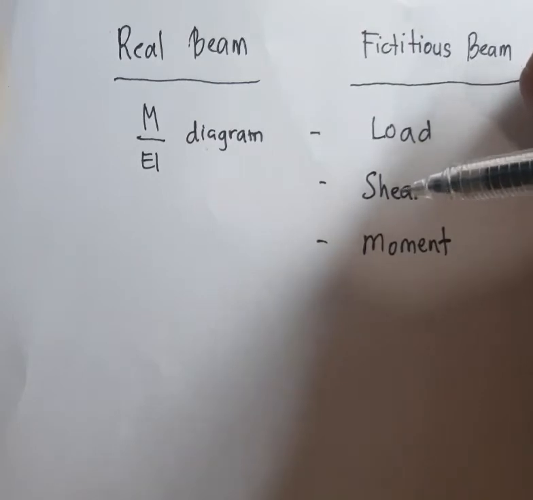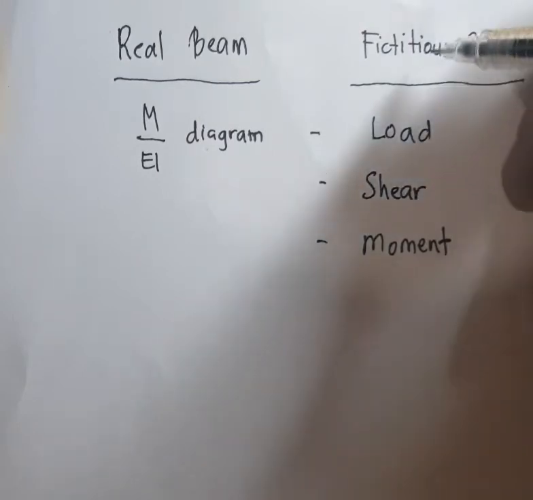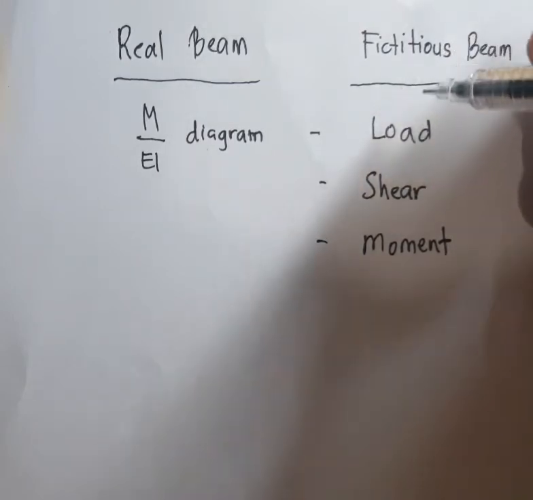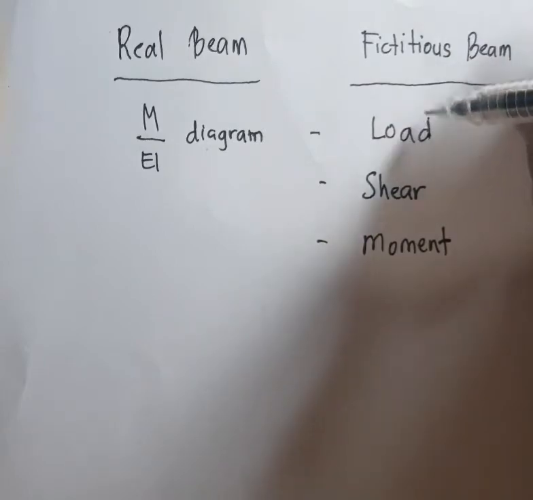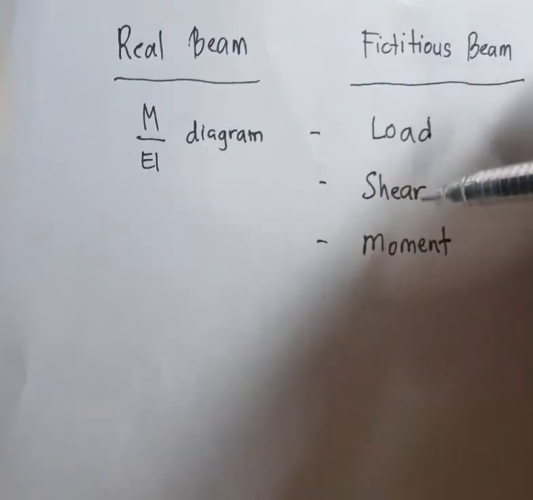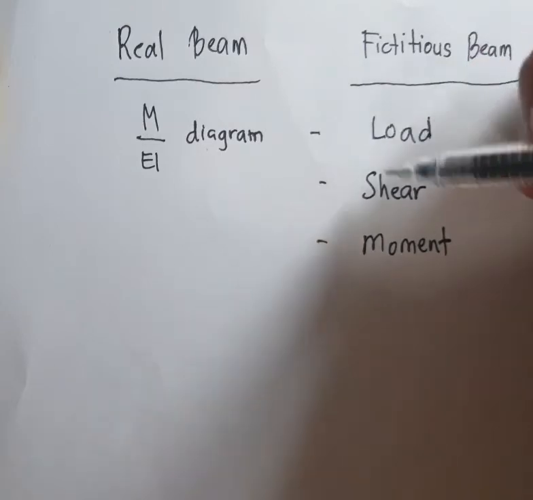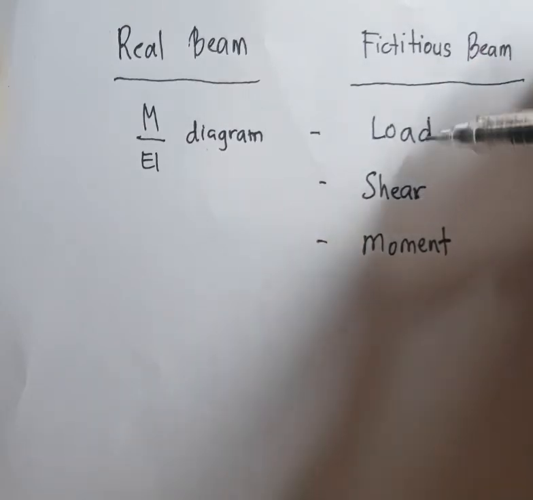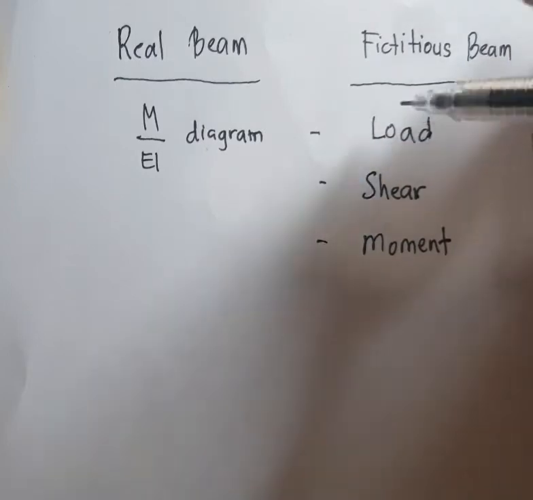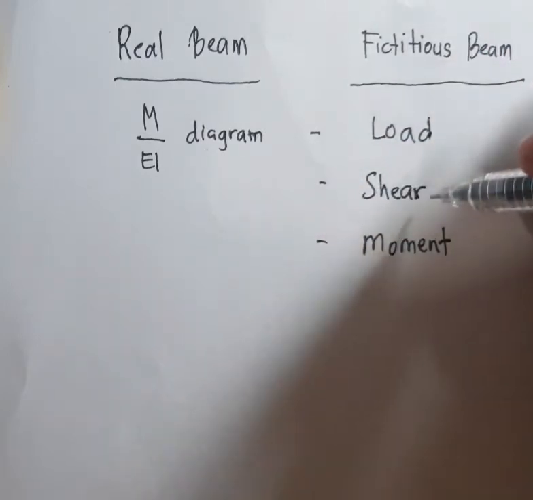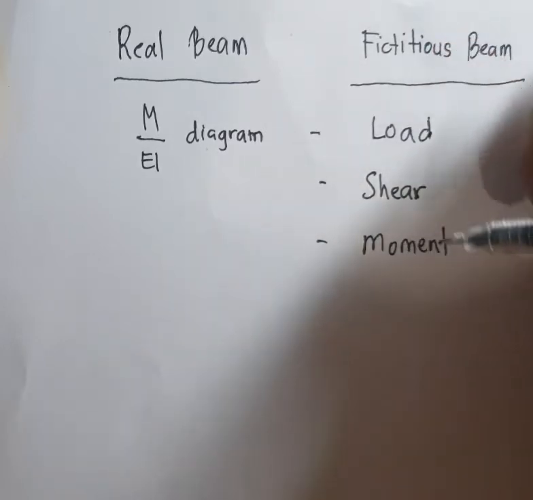It is stated that for the fictitious beam, you take the moment as the load, then get the shear and moment from that load. The shear is the moment times the distance, and the moment is the moment times the square of the distance.